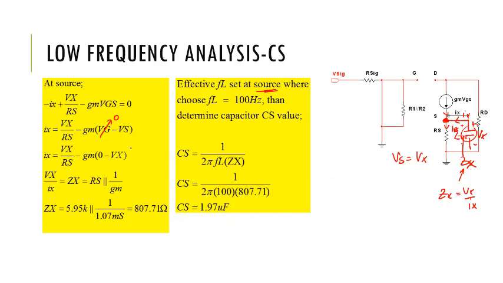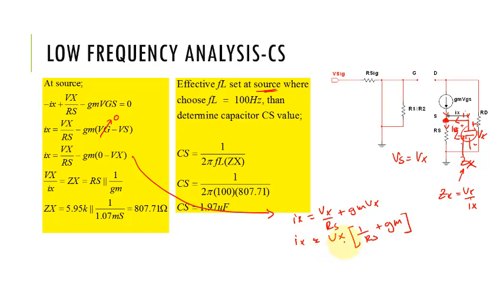If you extend our equation here, we have Vx over Rs plus Gm times Vx, so Vx times 1 over Rs plus Gm, then we have Vx over Ix equal to 1 over Rs plus Gm.